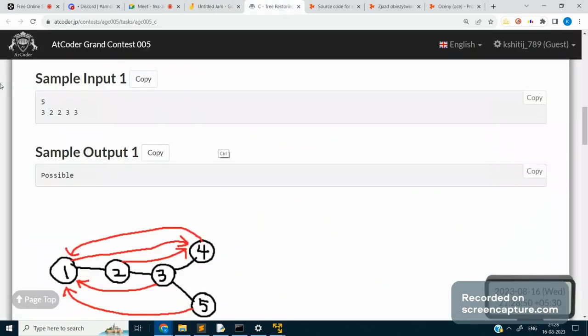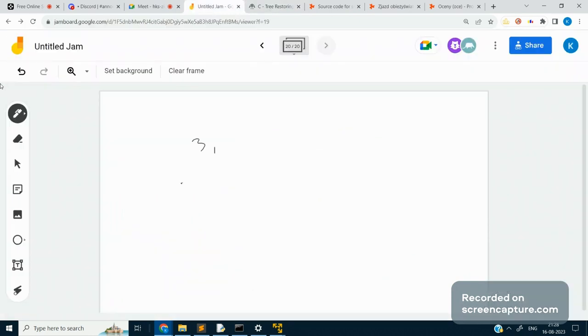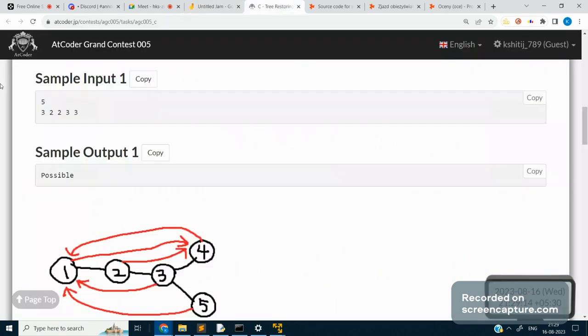So we have 3, 3, and this. Now the diameter has length 3. So we have 3 here, 2 here, 2 here. And now we need an additional 3. If we add an edge here, the farthest node will be on the diameter only, this one. So we can add a 3 here. The farthest node will have distance 3 and we can construct the graph.